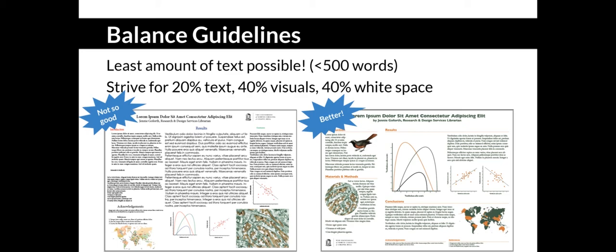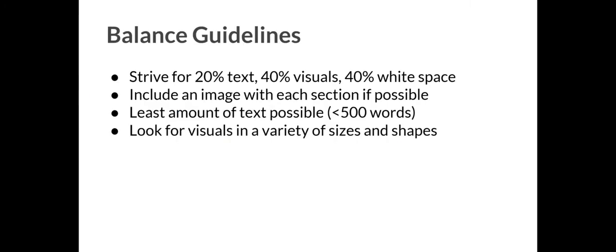On the left-hand side, you can see an example, our same example, that's not so good. On the right-hand side, you can see the example that's much better. Why don't you take a few minutes to compare the two? Again, remember, the balance guidelines suggest that you strive for 20% text, 40% visuals, and 40% white space.